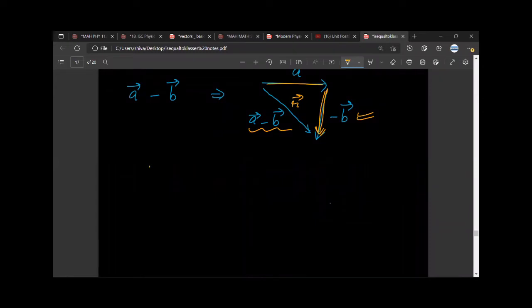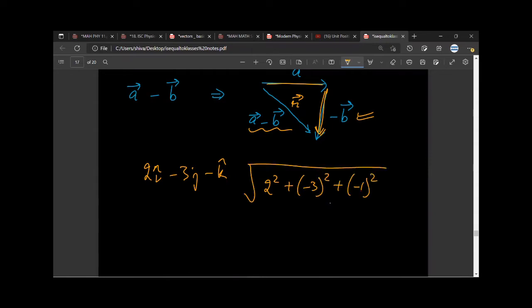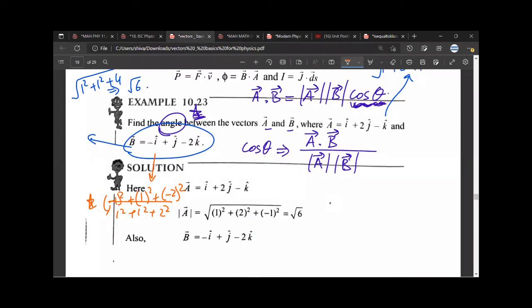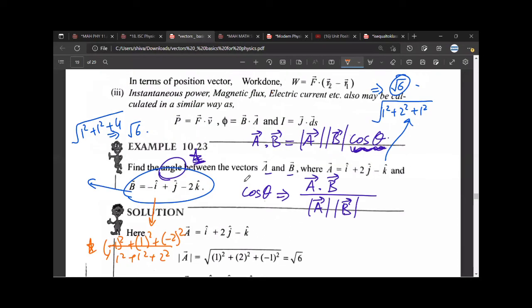For example, if there is a vector like 2i minus 3j minus k, and you want to find the magnitude of this vector, it would be given by the square root of 2 square plus minus 3 square plus minus 1 square. This is the same as writing 2 square plus 3 square plus 1 square. Have you understood what I've said? Yes, sir. So that is why I did a shortcut and wrote it directly like 1 square plus 1 square plus 4. And here also I write it like 1 square plus 2 square plus 1. Can you see what I've done? Have you understood it now?